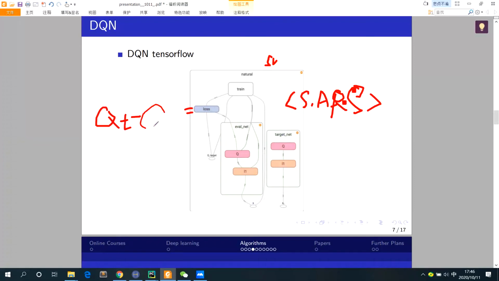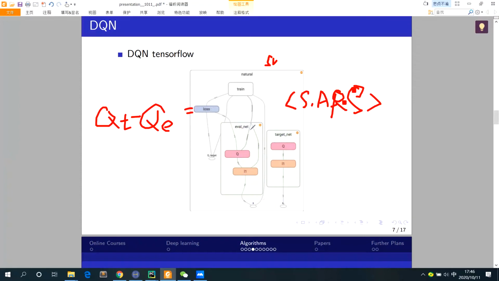We use back propagation to update the parameters in the evaluate network.